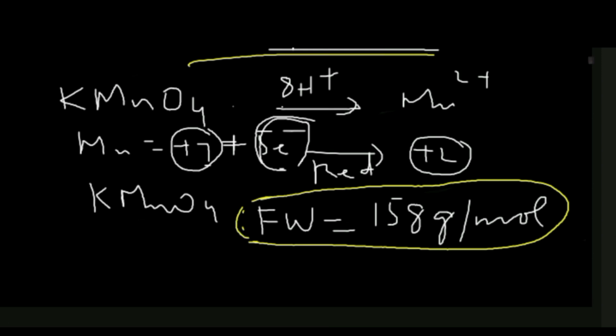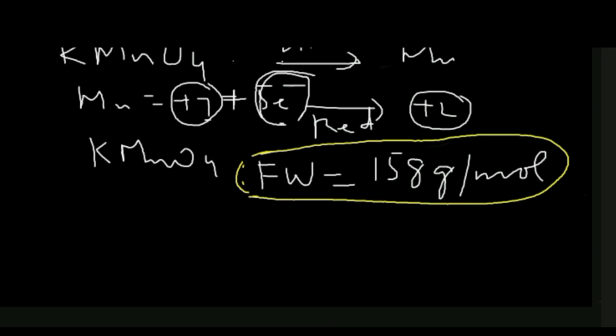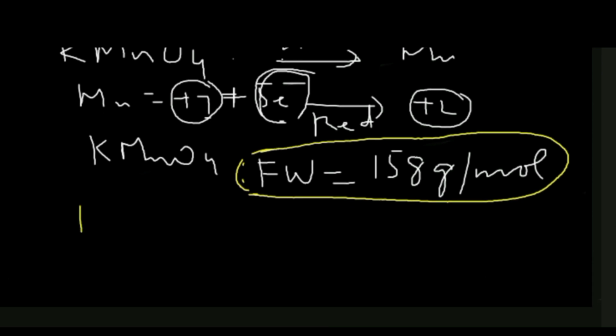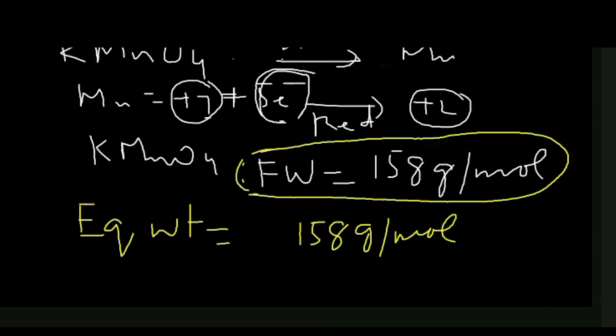If we want to convert it into equivalent weight, the equivalent weight of potassium permanganate will be equal to 158 gram per mole divided by, as we have discussed, the 5 electrons it can gain, or 5 equivalents per mole.